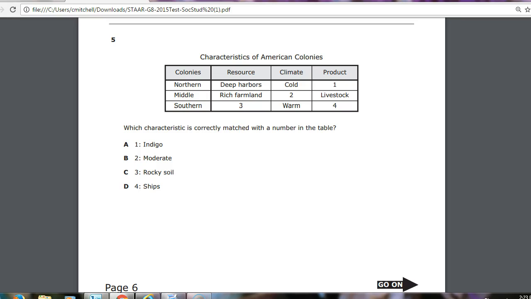Warm. Product: livestock. 4. Which characteristic is correctly matched with a number in the table? A. 1. Indigo. B. 2. Moderate. C. 3. Rocky soil. D. 4. Ships.